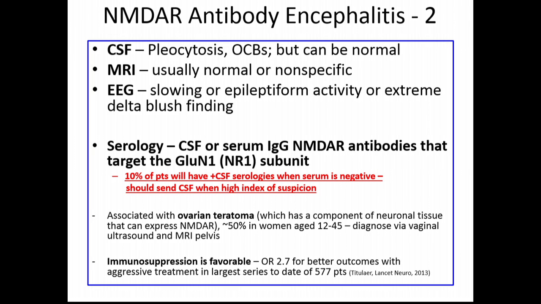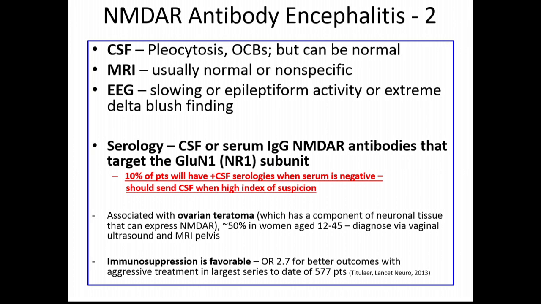This is different, for example, than NMO, aquaporin 4, where serum is actually much more sensitive than CSF. Why? Because it seems to be produced in the periphery and then cross. Same for things like LGI1 antibodies, VGKC antibodies. That's much better in serum. But this is an example where CSF is better.